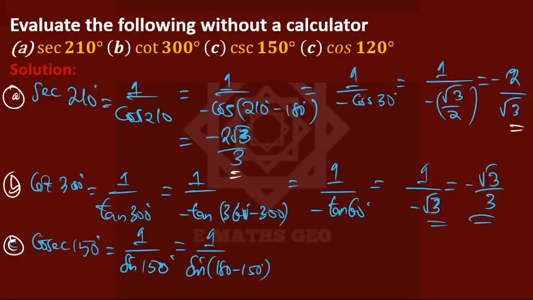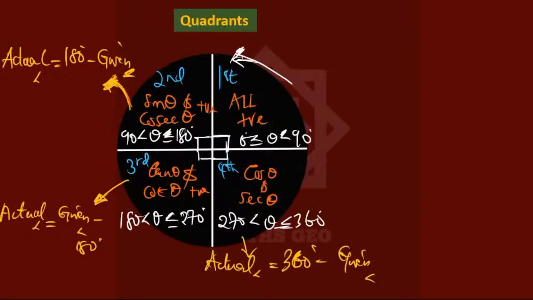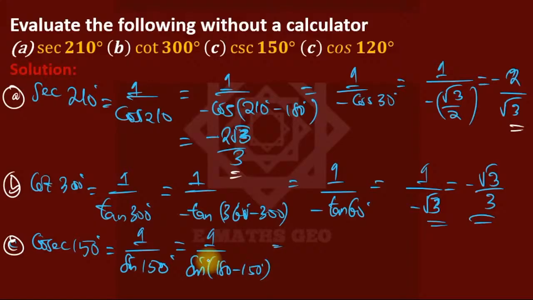Yes, remember, from the second quadrant, the 180 will subtract the given angle. The given angle is 150. So now I have 1 over sine 30. And sine 30 is half. So 1 over half is 2.